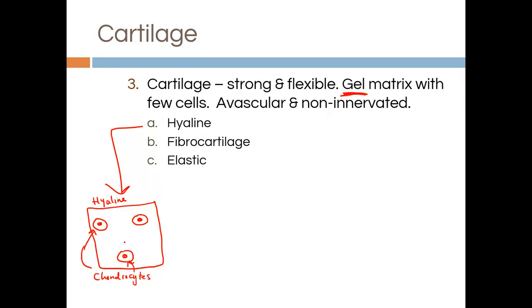And those chondrocytes spend their whole life producing the matrix, which is this gel. And this gel contains a lot of protein. So basically, the protein produced by these chondrocytes goes out and kind of fills up the space and gives us a gelatinous matrix. And so hyaline is just a plain gel matrix.